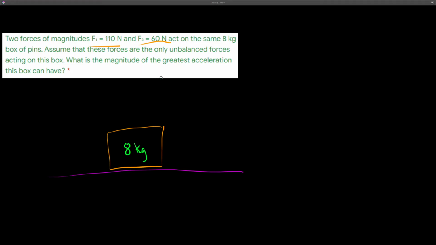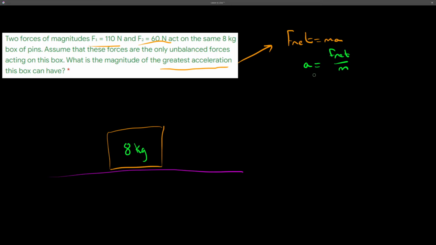What is the magnitude of the greatest acceleration? When it says the greatest acceleration, it means the highest amount of acceleration of an object. And when can an object accelerate more? If we look at F net is equal to ma, so a is equal to F net over m, right?